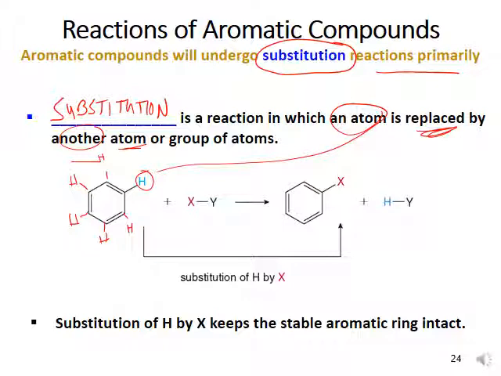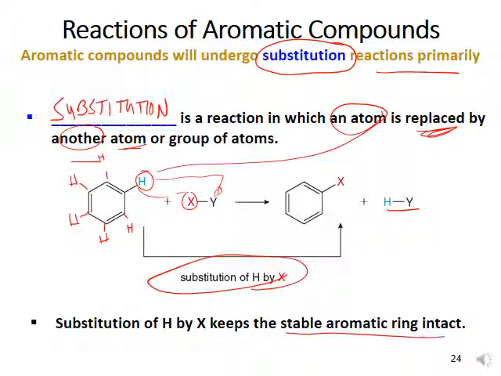Like in this case, the X gets added on instead of the H, and then the H jumps on to hang out with the Y instead. It's a substitution of X to where the H was. And the main reason why that happens, and the way we're going to make all these different drugs, is we keep that stable aromatic ring intact.